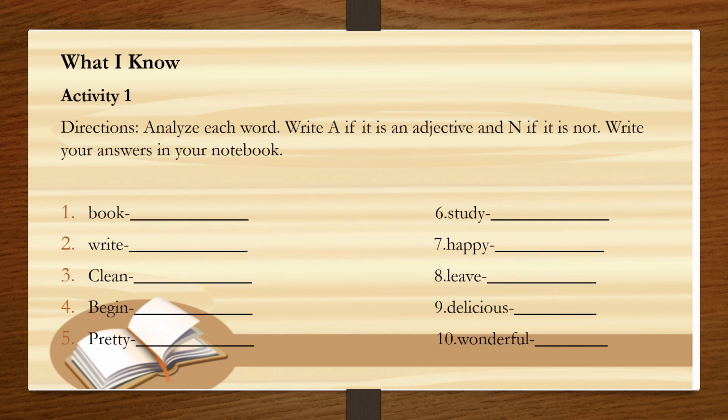What you know. For Activity 1, Directions, analyze each word. Write A if it is an adjective and N if it is not. Write your answers in your notebook. For number 1, you have book. Number 2, write.